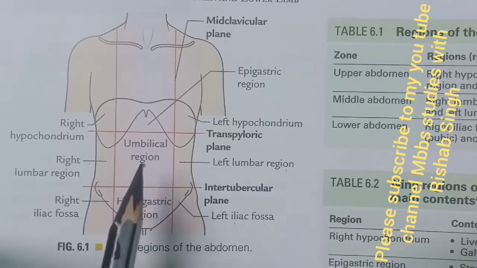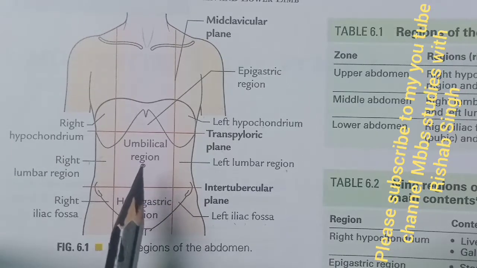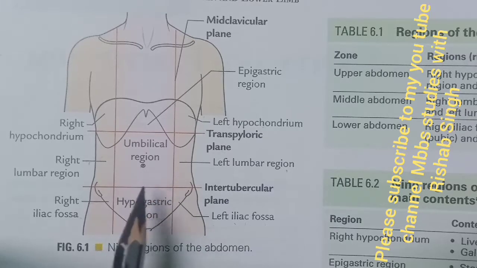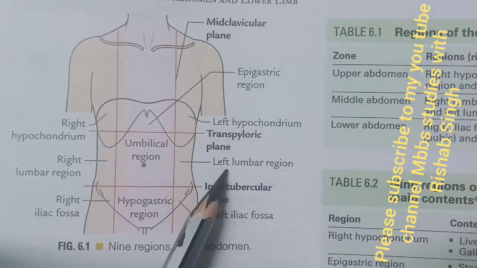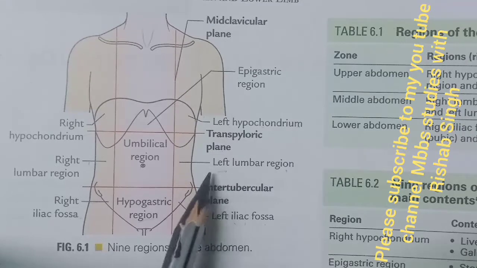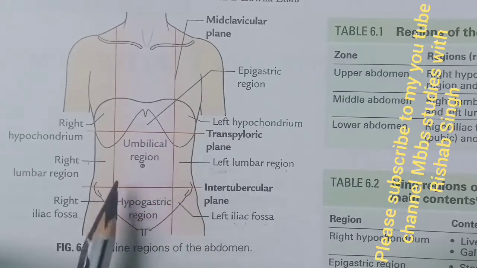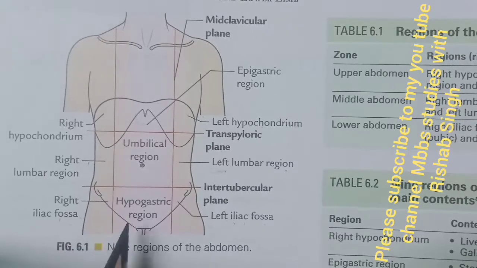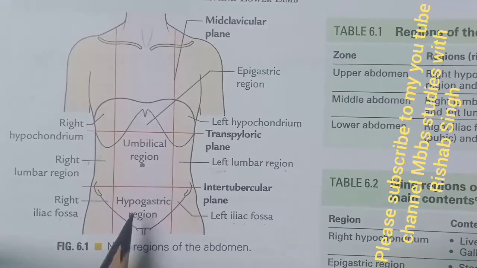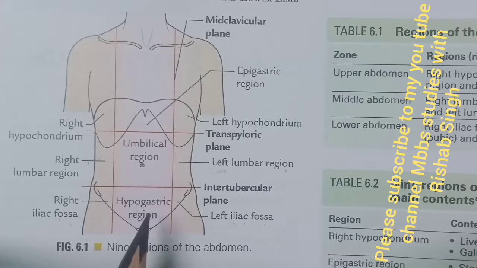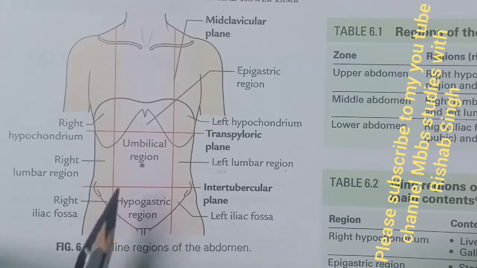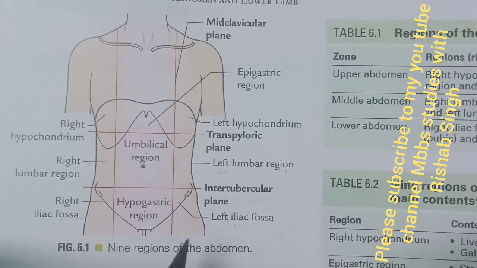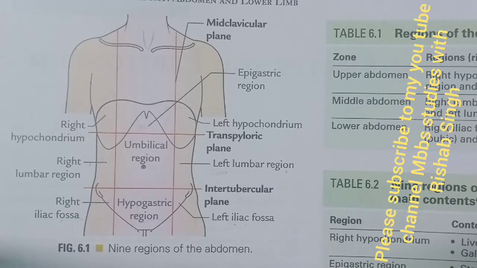Umbilical region contents are loops of small intestine, aorta and inferior vena cava. Left lumbar region contents are left kidney, left ureter and descending colon. Right iliac fossa contents are cecum and appendix. Hypogastric region contents are coils of small intestine, urinary bladder and uterus, and left iliac fossa contents are sigmoid colon.